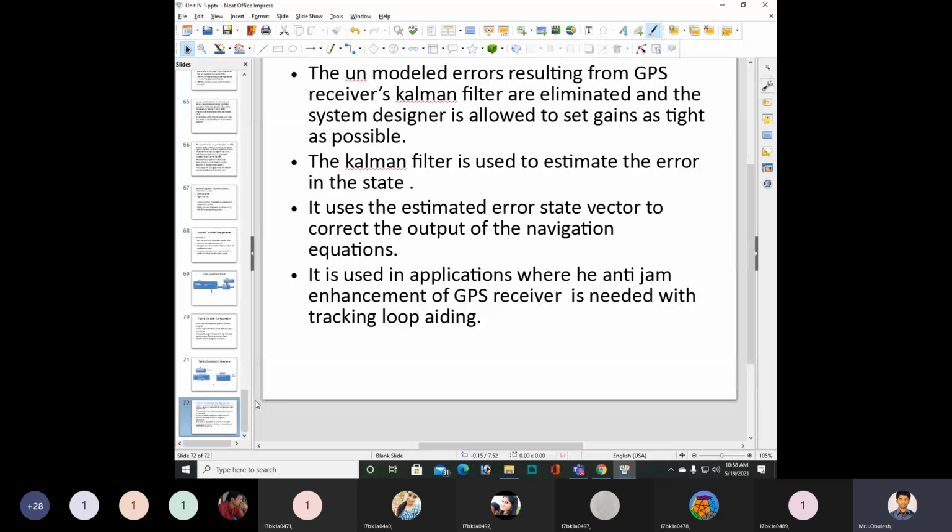It is used in applications where the anti-jam enhancement of the GPS receiver is needed with the tracking loop aiding.